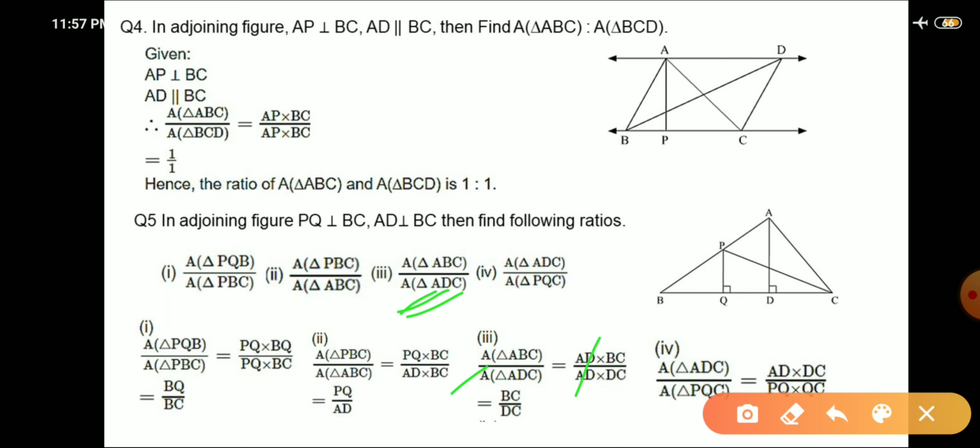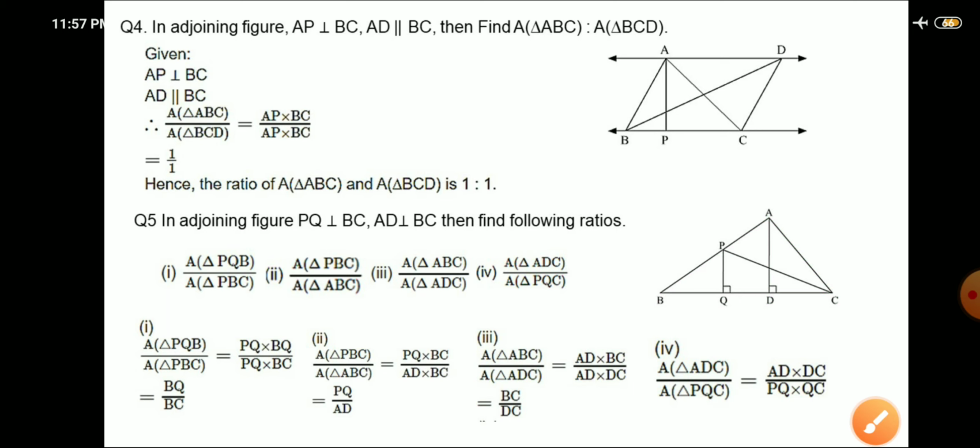AD gets cancelled, which is the height of these two triangles and is the same. Therefore finally we get the result BC upon DC. So the ratio of the areas of these two triangles is equal to BC upon DC.